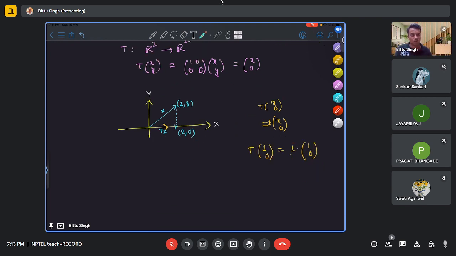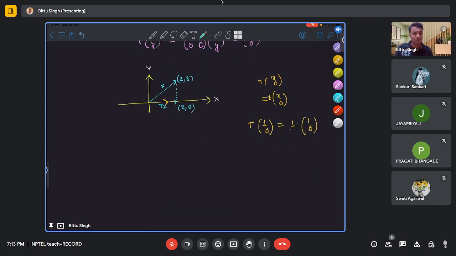This is the motivation. This is really very helpful for understanding many different types of linear transformations, because with respect to some suitable basis, the linear transformation will be in a beautiful form because of this fact.